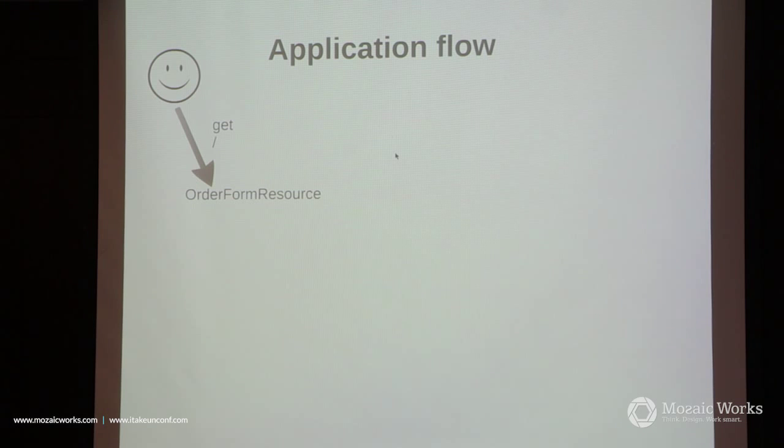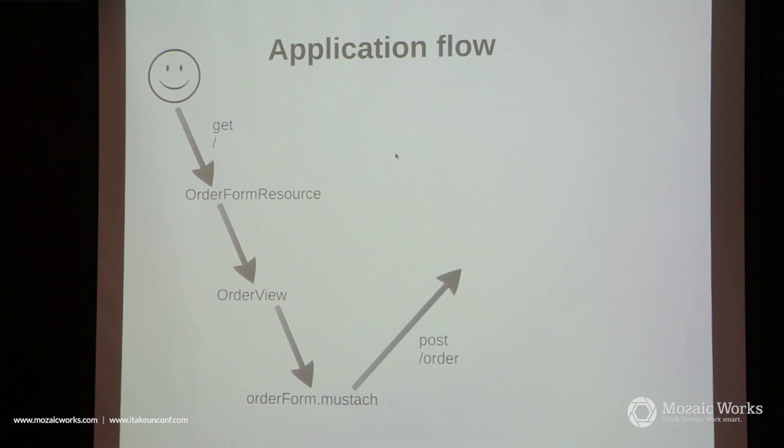It will end up on the order form resource that will display the order view, that will use the order form mustache, and then you should fill it out and post it, that is, press the submit button. It will end up in the receive order resource, that is, listen to slash order.